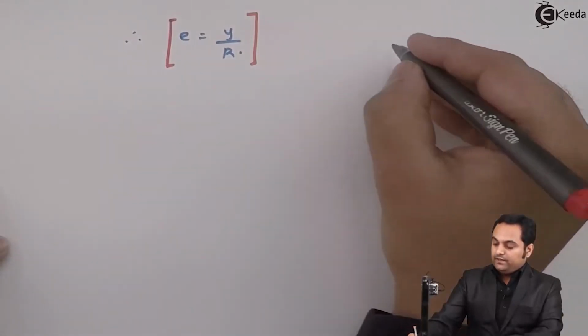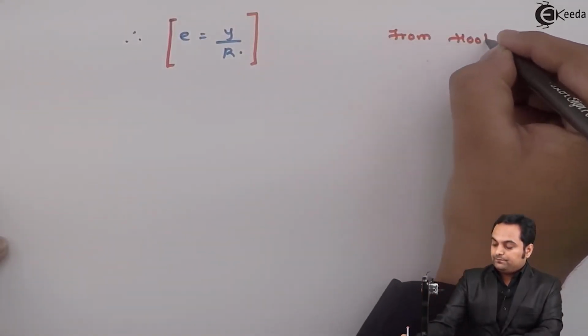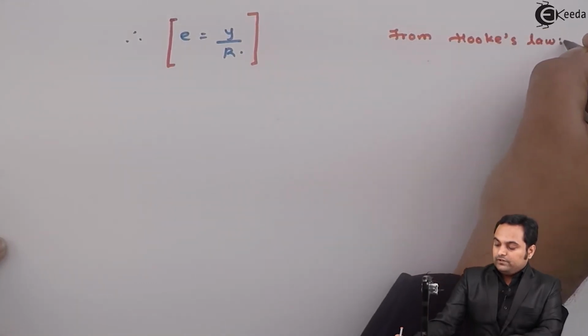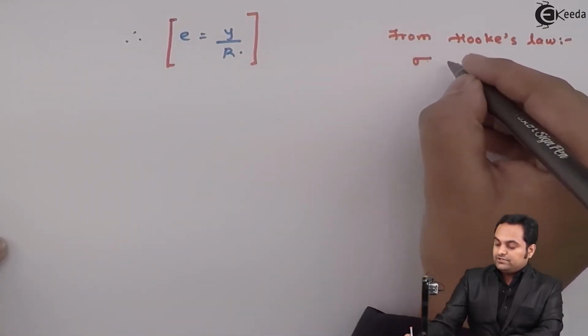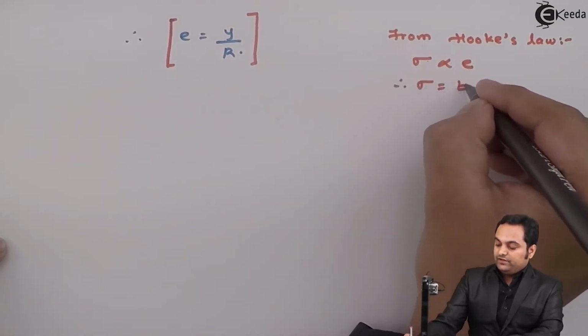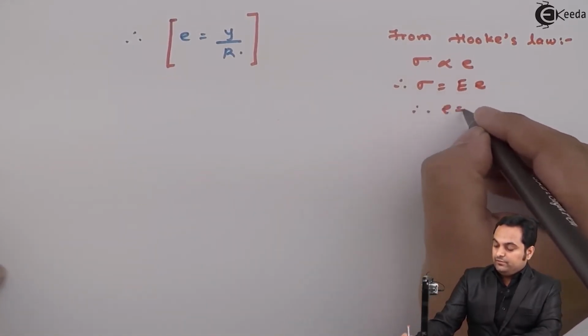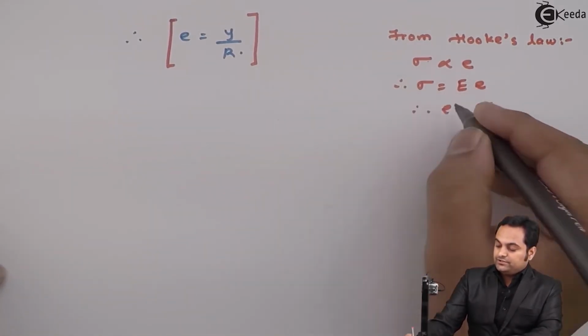But from Hooke's law, as we know, stress is directly proportional to strain. When we remove the proportionality sign, we have a constant which is called Young's modulus. So strain will be stress upon Young's modulus.